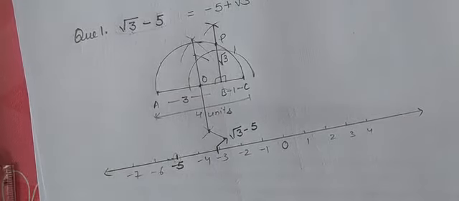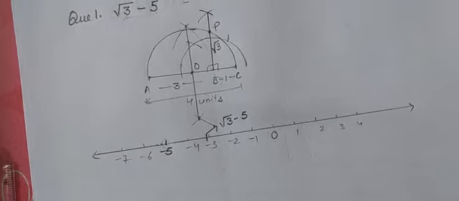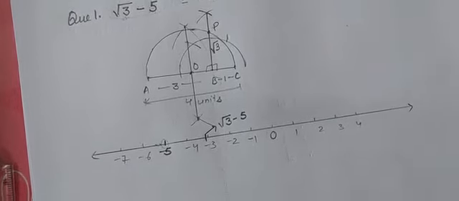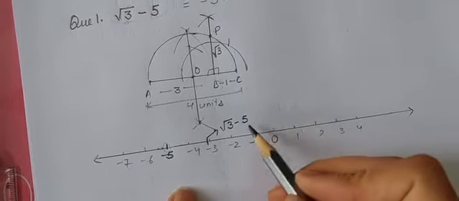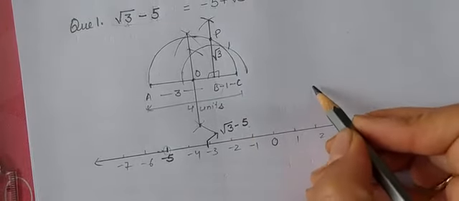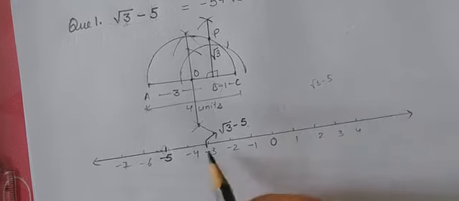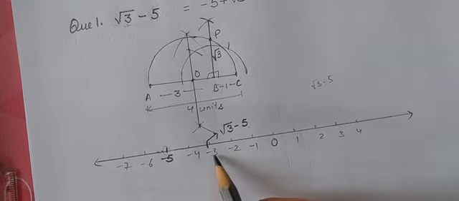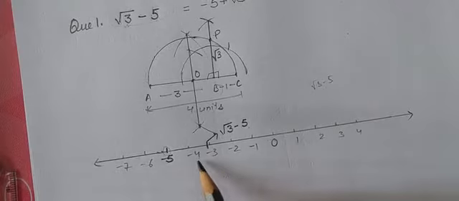So we learned to locate irrationals on the number line. You may check this on calculators also. What do you have to do? You have to calculate root 3 minus 5 and just see the positioning between minus 3 and minus 4. Let us check it.